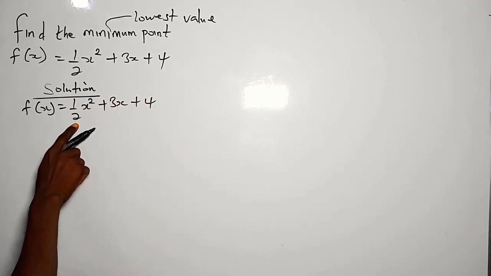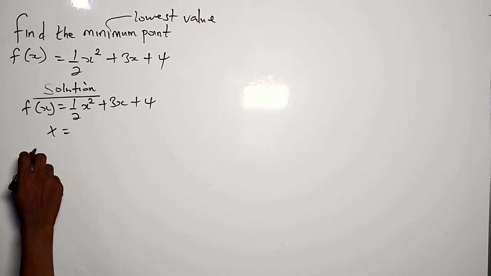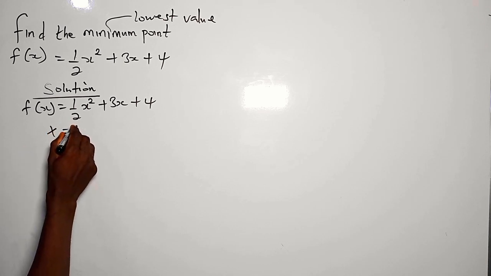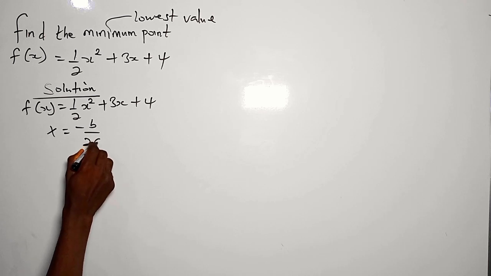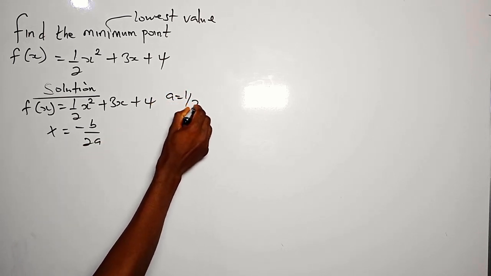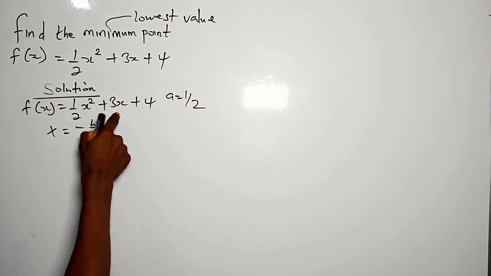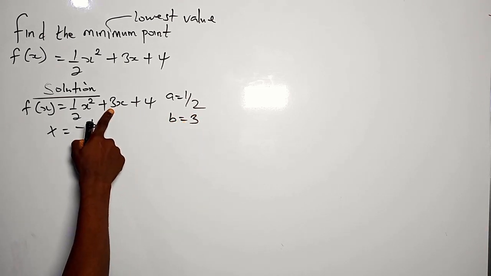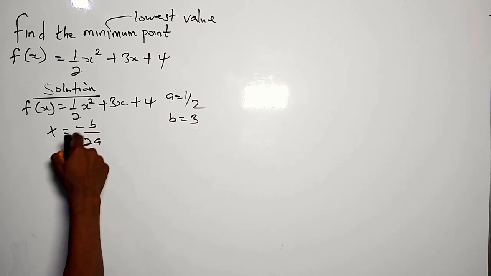To determine the x coordinate, we use minus b over 2a. For a, we have 1 over 2, and the value of b is 3, which is the coefficient of x.